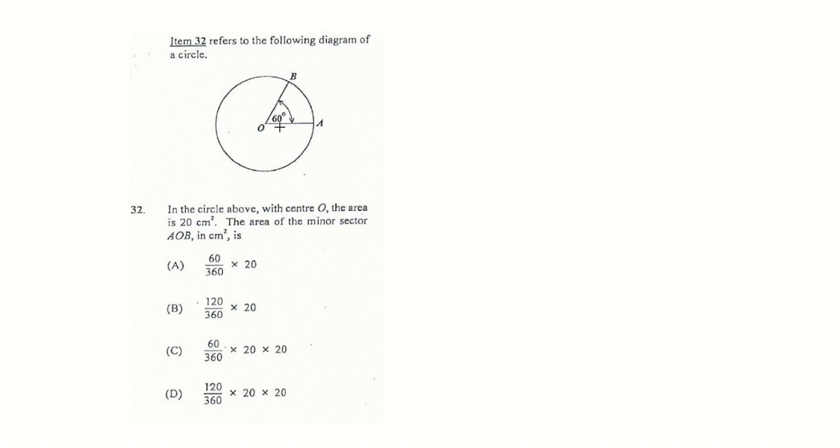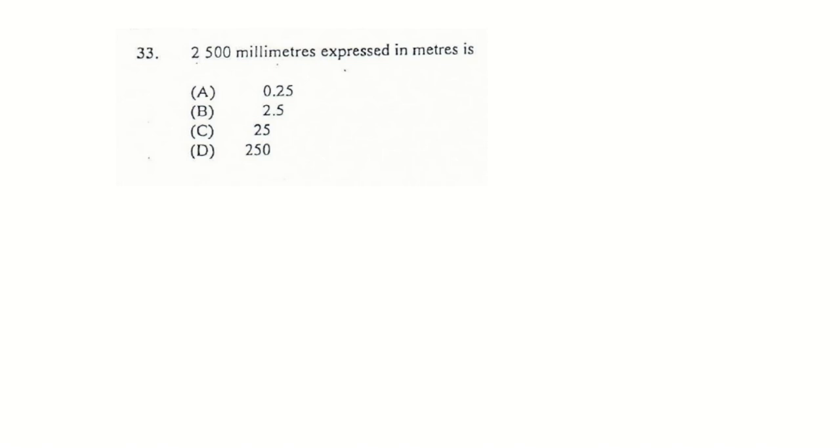They want the area of your minor arc. That's this here. That's 60 over 360, and they know it's 20. So 60 over 360 multiplied by 20, which is the area of your circle. Right? This in meters, it'll be this multiplied by 1 over 1,000, which is 2.5.